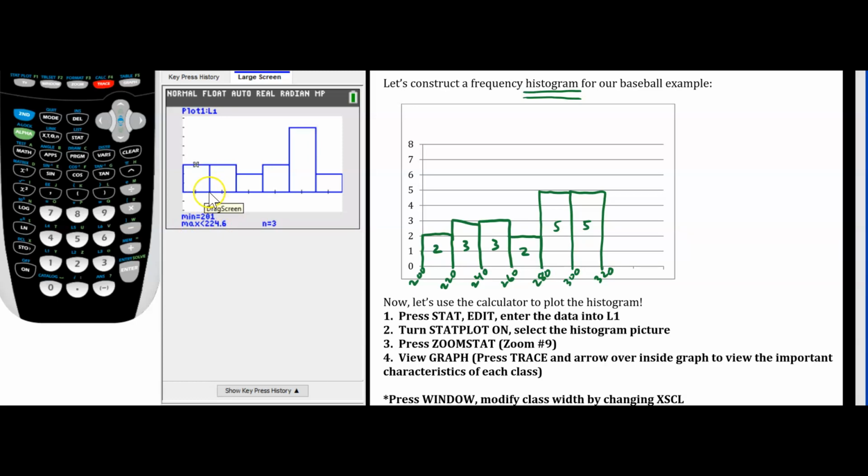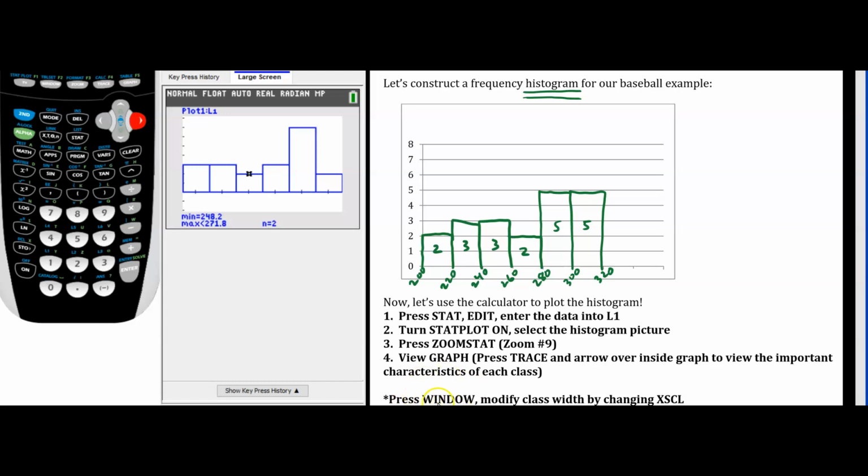And it looks like 224.6 would be the lower class limit for the next class, and you have an N of 3 in that class. And you can arrow over and see the counts in each class, and as you do that, it gives you the information on how the calculator set all of this up. But you're probably thinking, well, no, I want it to look like the one that we created. And so what we can do is make that happen.